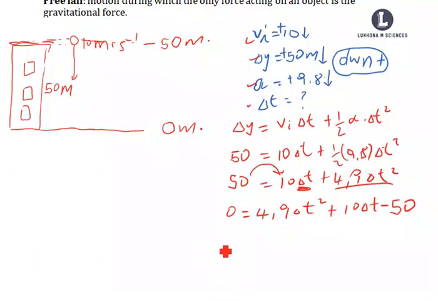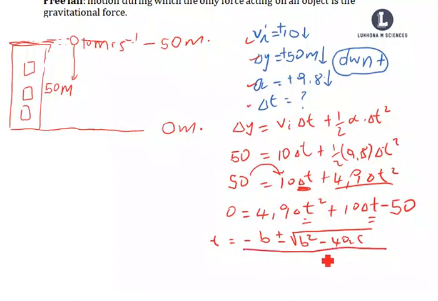In this case we are solving for t. So t is equal to minus b plus or minus the square root of b squared minus 4ac, everything divided by 2a.